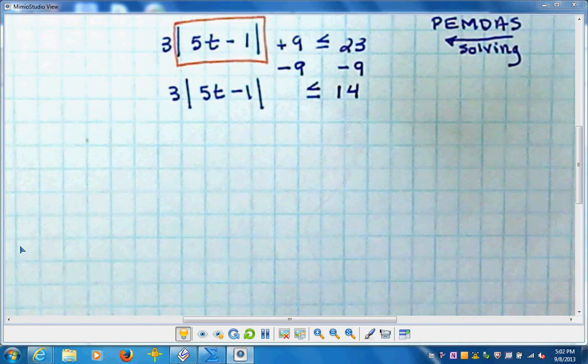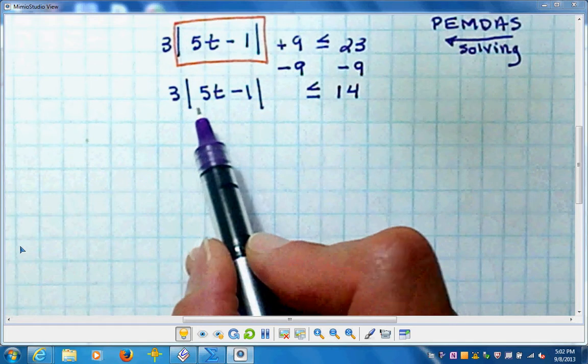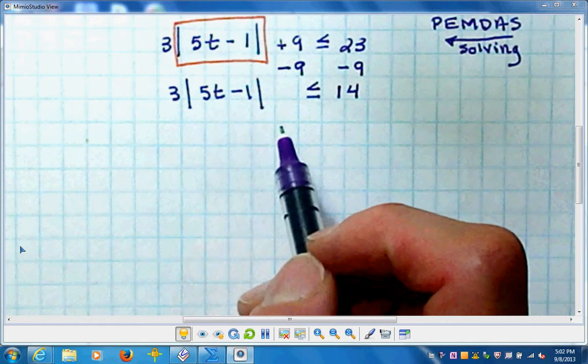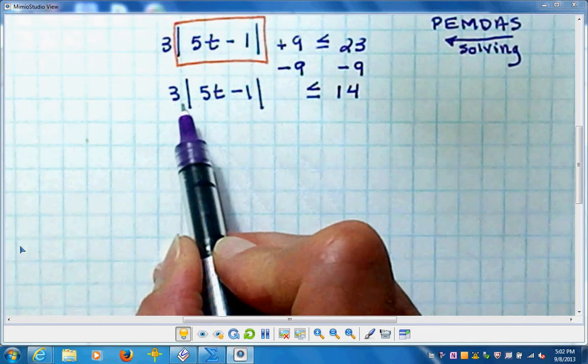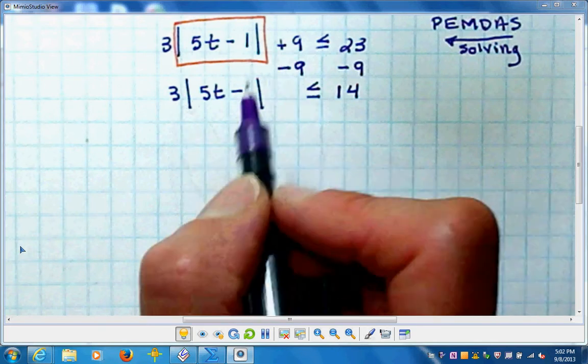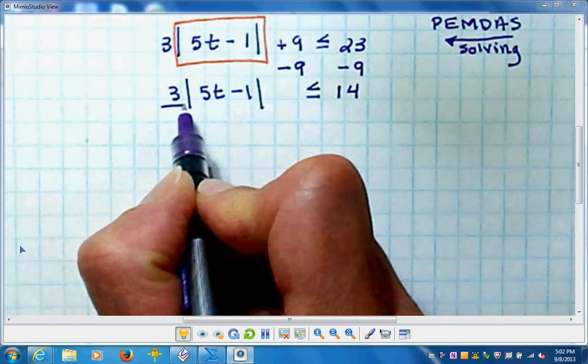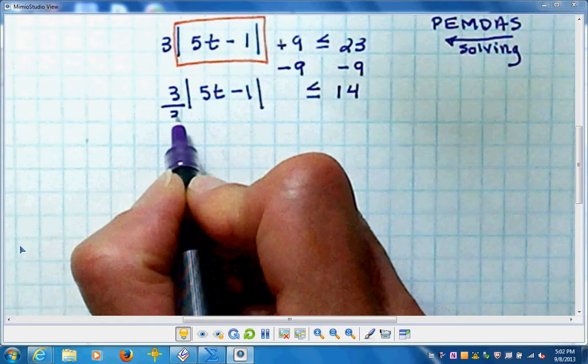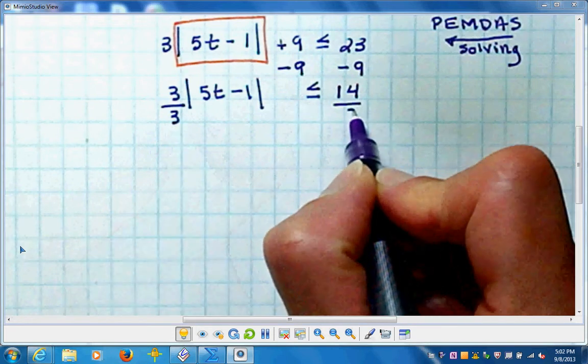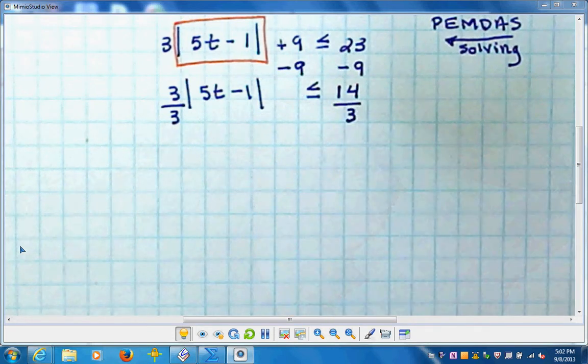Okay. So now what do I need to do? I still want to get my absolute value by itself. 3 is being multiplied to the absolute value, so I have to divide 3 on both sides.